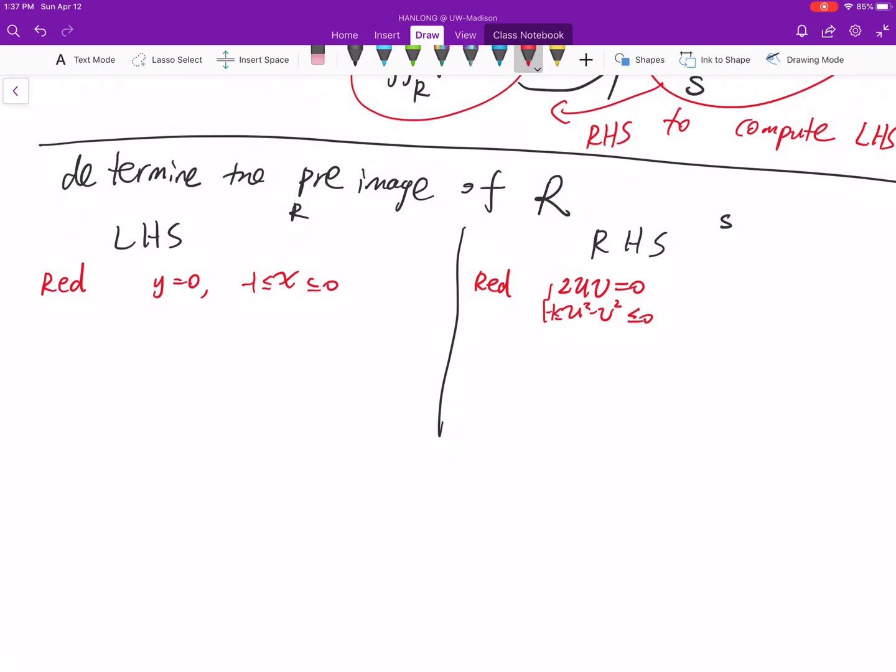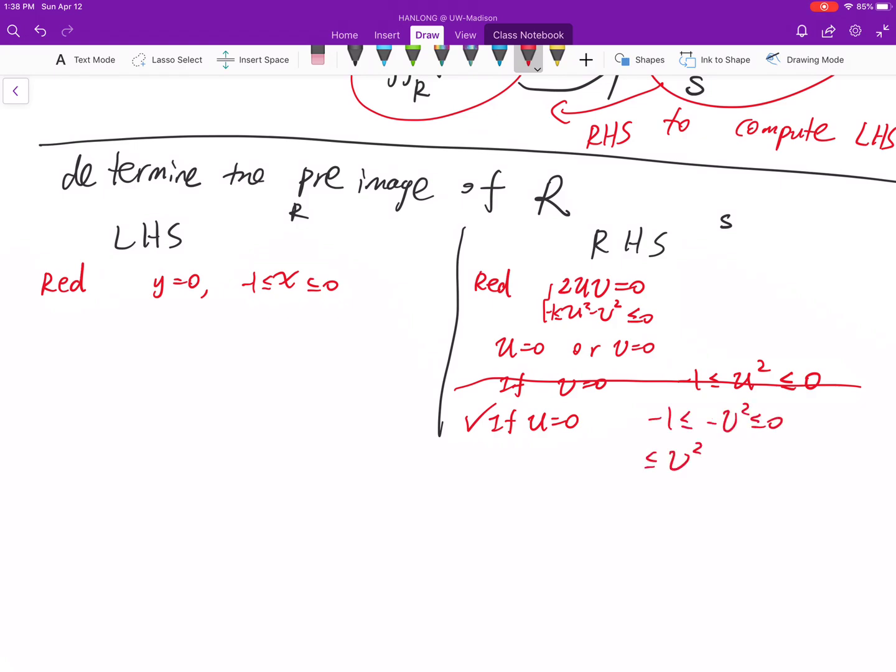From the first one, you have two solutions, u equals 0 or v equals 0. If v equals 0, then -1 less than or equal to u squared less than or equal to 0. You only have a single point, so you omit that. You don't want this one. You choose u equals 0, this is good, and then v is between -1 and 1.